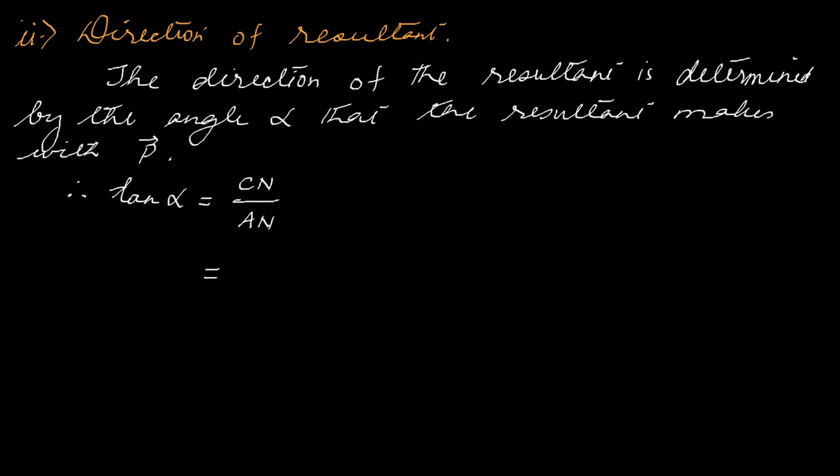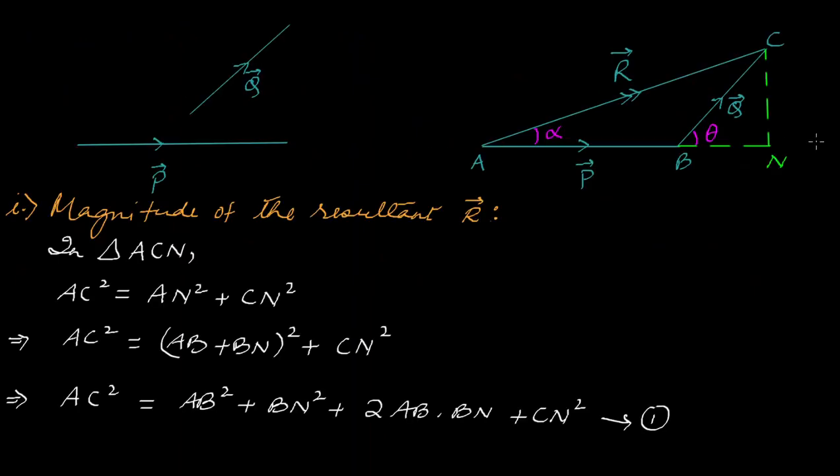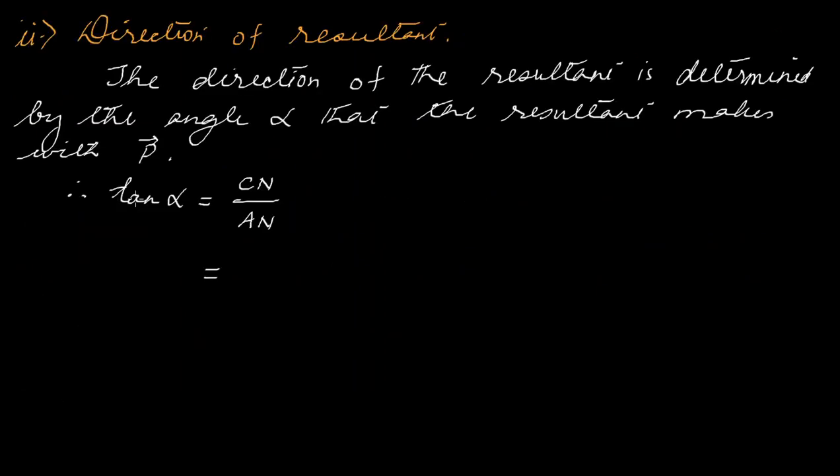And what is AN? If you look at this diagram, AN is AB plus BN. So I will write here CN, and this is AB plus BN.